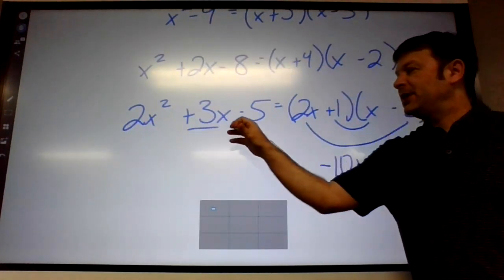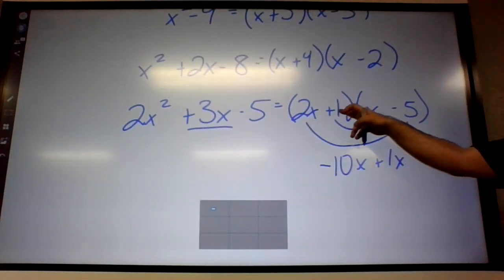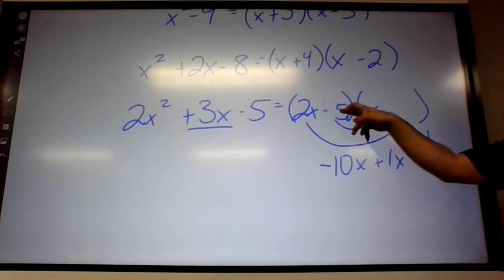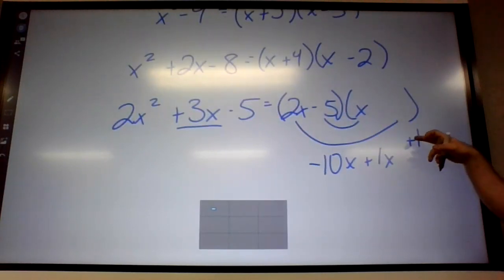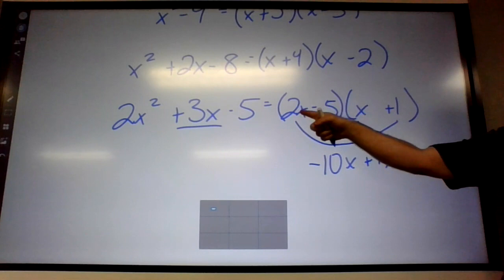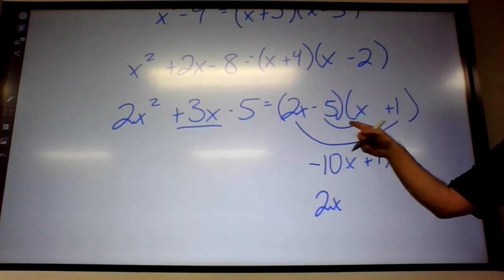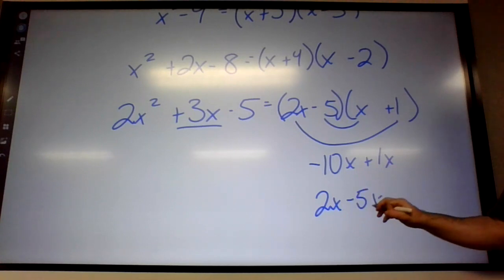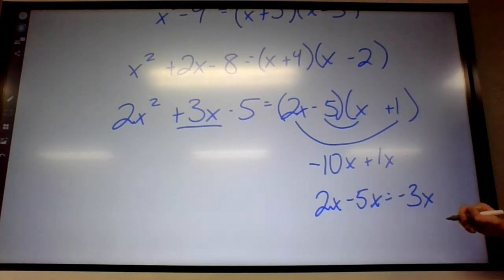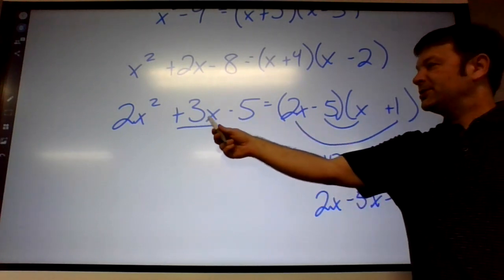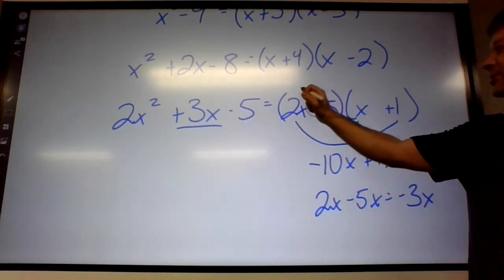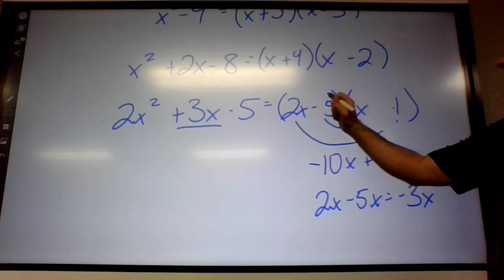Does that add up to 3x? No. So what we can do is try switching them. Now the outside is 2x. The inside is minus 5x. And that adds up to negative 3x. Oh, wait, you can switch the signs. Right, which is the right number but the wrong sign, so that means my plus and minus are backwards.